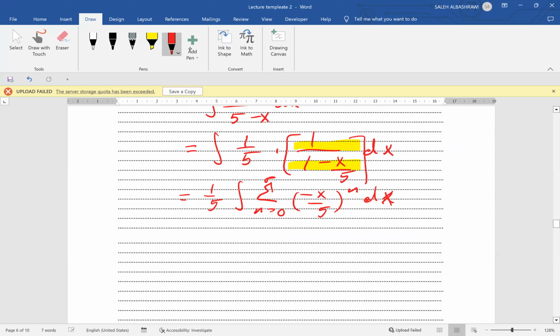We can swap between the integration and sigma. That is 1 over 5 sigma integration of minus x over 5 to the power n dx.